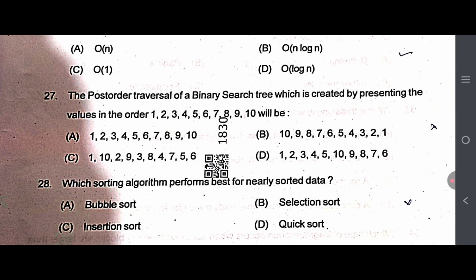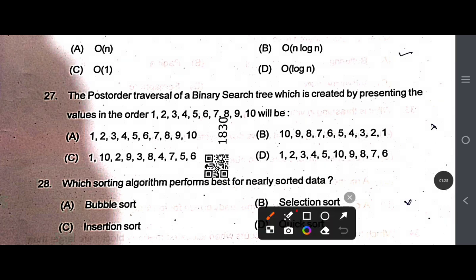Visit the left subtree of 10 which is empty, visit the right subtree of 10 which is empty, visit 10, visit 2, and then visit 1. Following this pattern, the post order traversal will visit nodes in order 10, 9, 8, 7, 6, 5, 4, 3, 2, 1. So, the correct answer is option B.